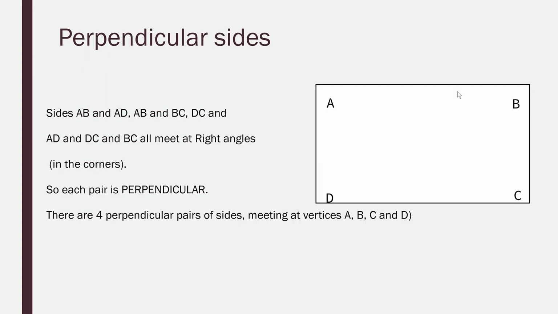Perpendicular sides. Now, rectangles have perpendicular sides as well, in the sense that they have sides that are facing each other, and then they have sides that meet each other in the corners.